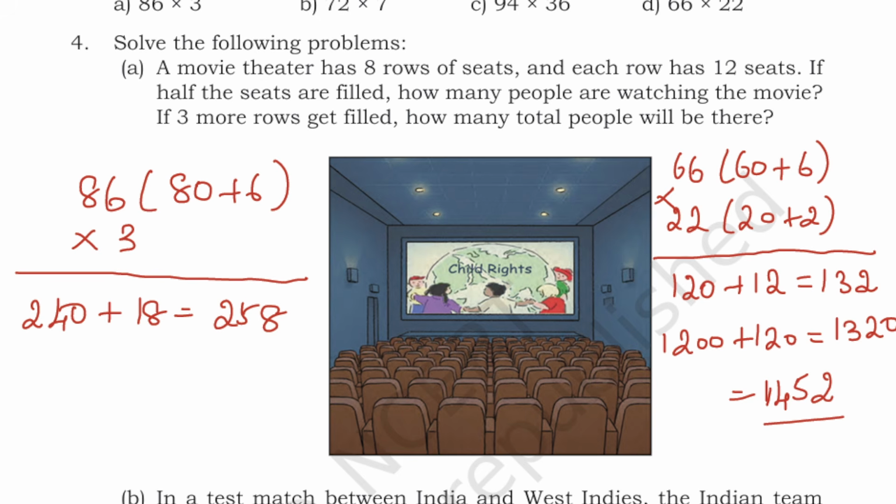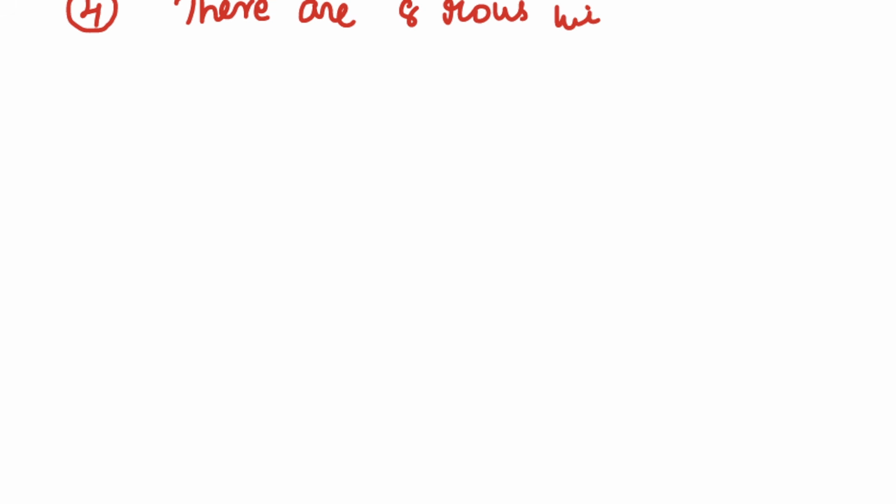Important question. Let me do it step by step. First, how many rows are there? There are 8 rows, with 12 seats each.